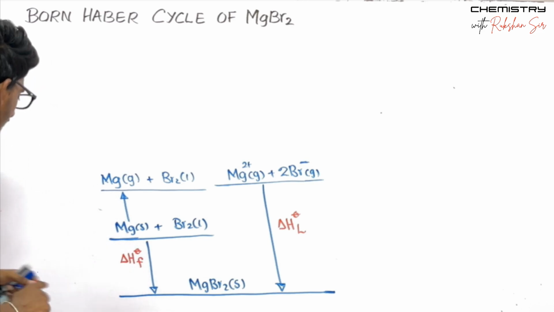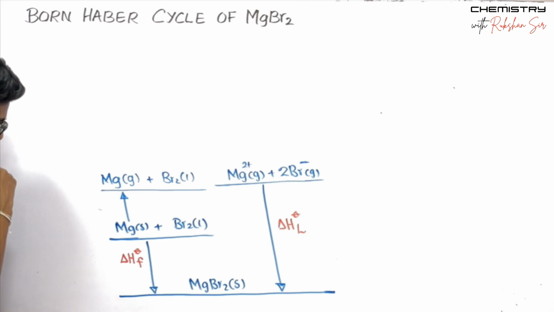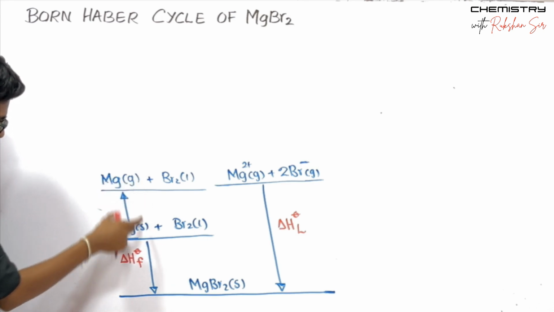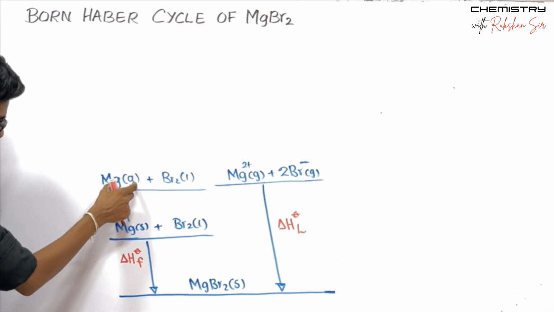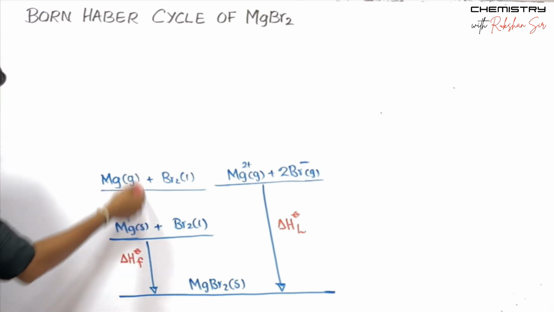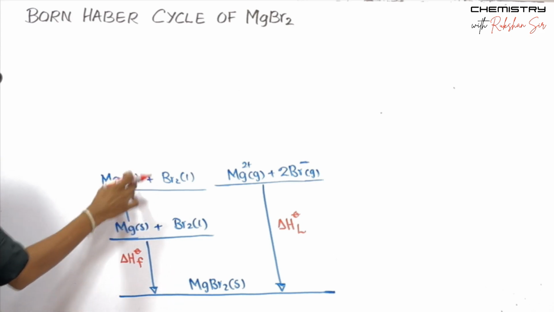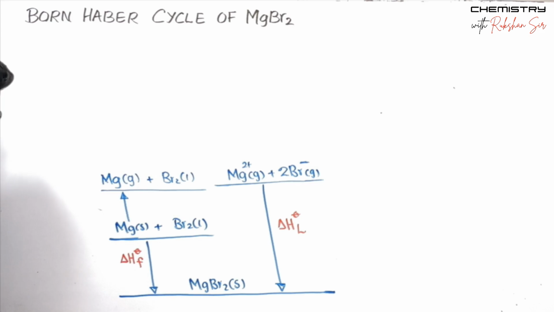We can use the atomization, where the reference form is converted to one mole of elemental gas atoms. Atomization can be done, or you can do the sublimation, or a fusion and then vaporization.